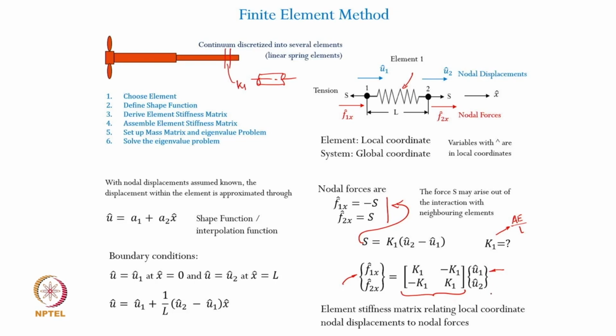This can be written in a short form as Fx cap as a vector of nodal forces relating the element stiffness matrix with a vector of nodal displacements. And therefore, this Ke itself will be an elemental stiffness matrix Ke cap. Okay. So, this pertains only to that element.